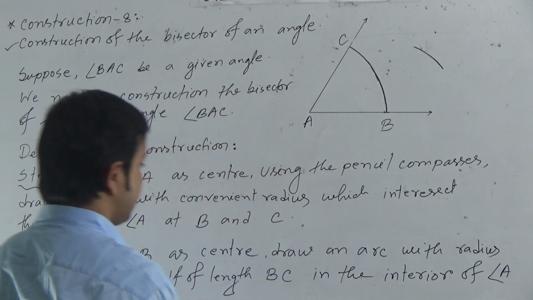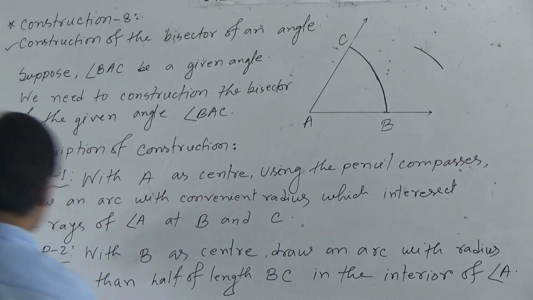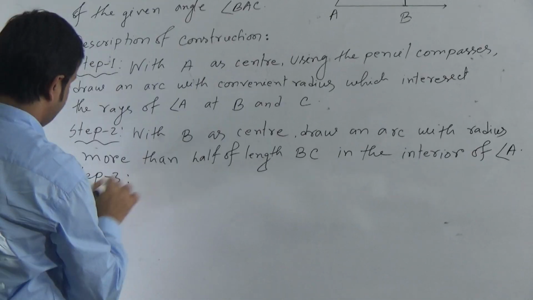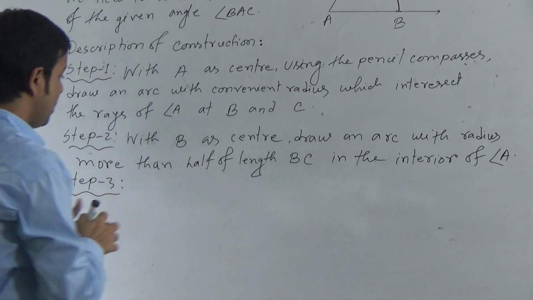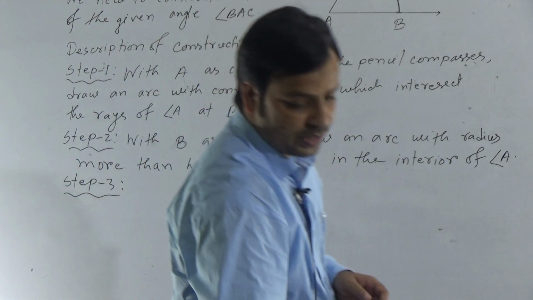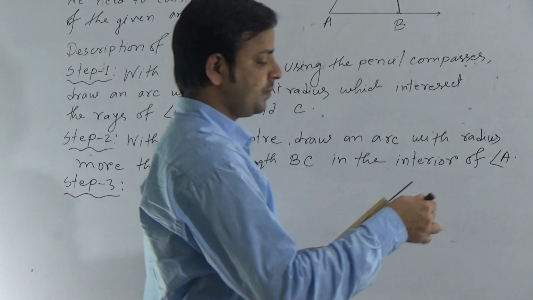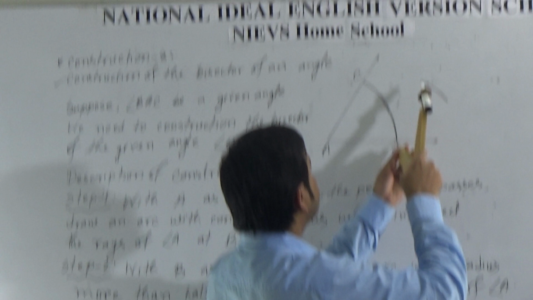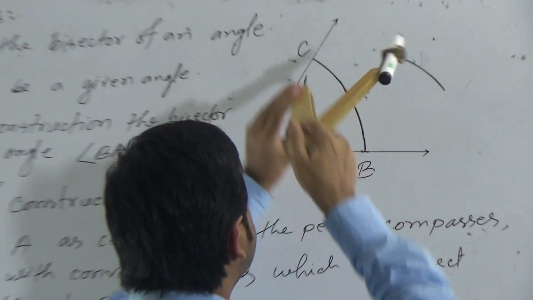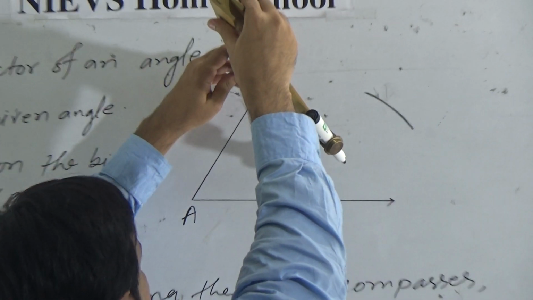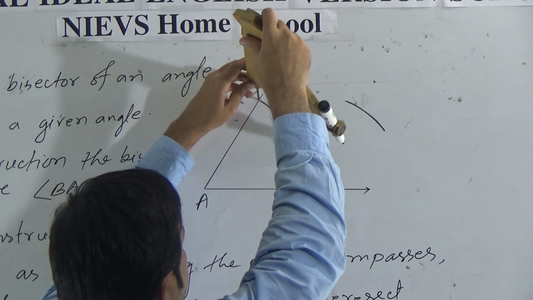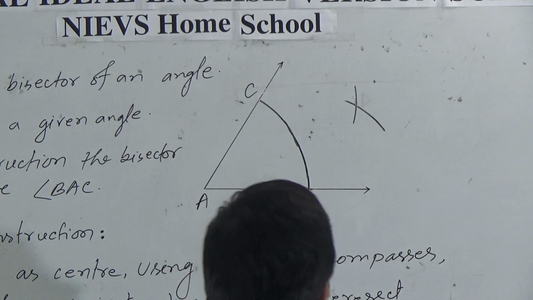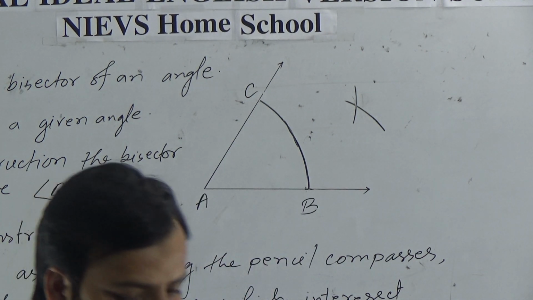Now, next step. Step 3. We have to take the same radius. With C as center we have to draw another arc with the same radius.